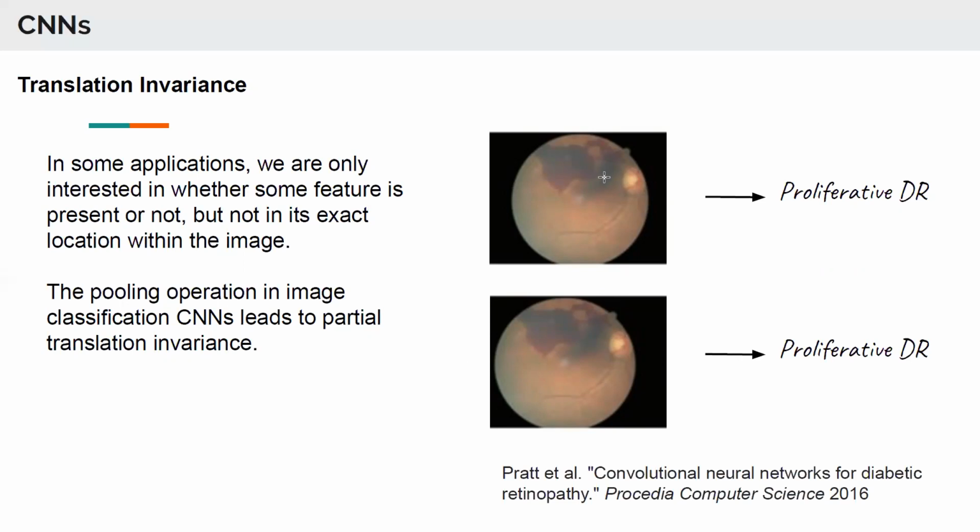So, let's say I have a certain activation in this region, okay, and if I move this region by a bit, I might still end up getting the same output after the max pooling step, because the max pooling step can kill those small translations, right? And that's why we have this kind of partial translation invariance in CNNs, right?